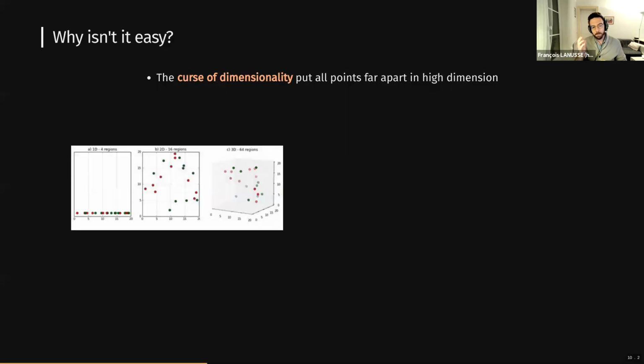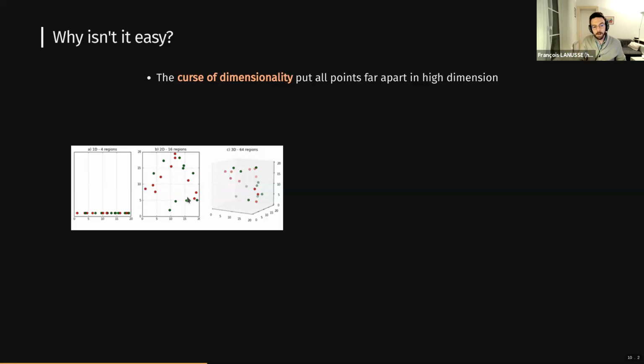One way to think about it is to look at this image. Here you have a given number of points, either in a 1D space, a 2D space, or 3D space. In a 1D space, if I have 10 points, they will most likely be close to each other. So it's easy to do density estimation because the points are fairly densely populating your space.